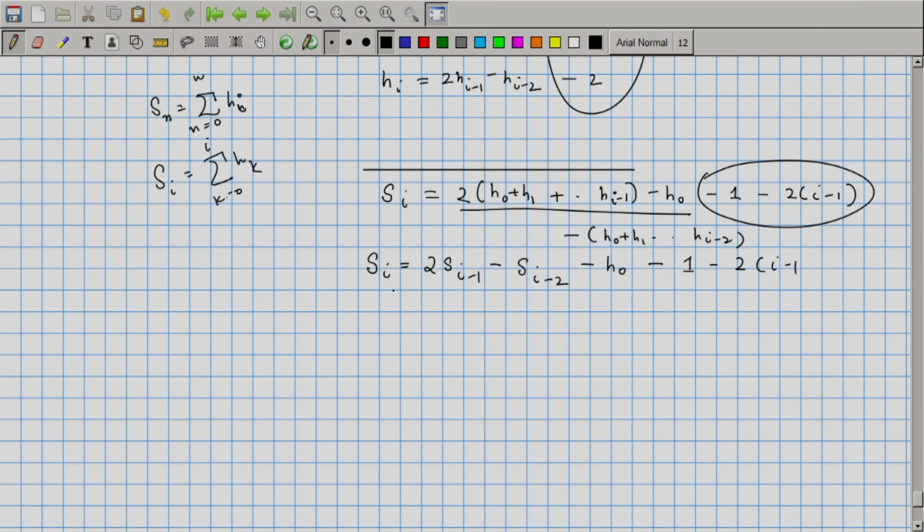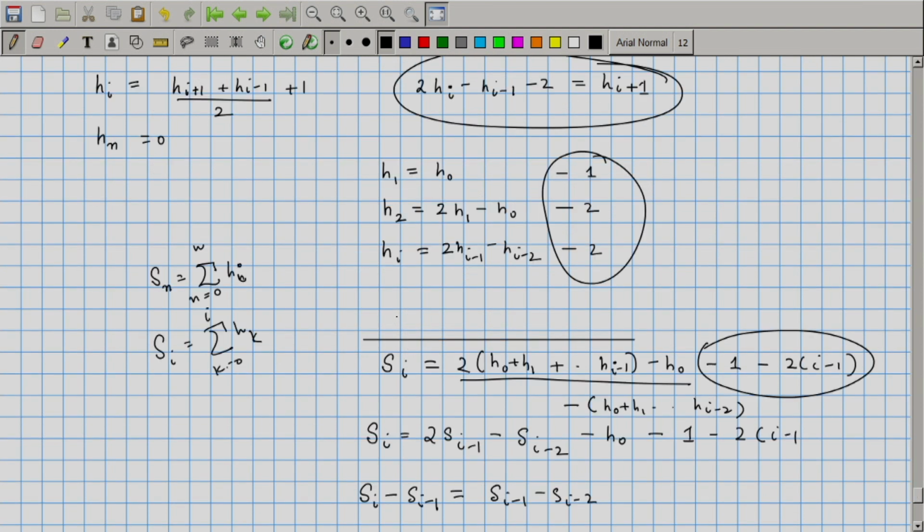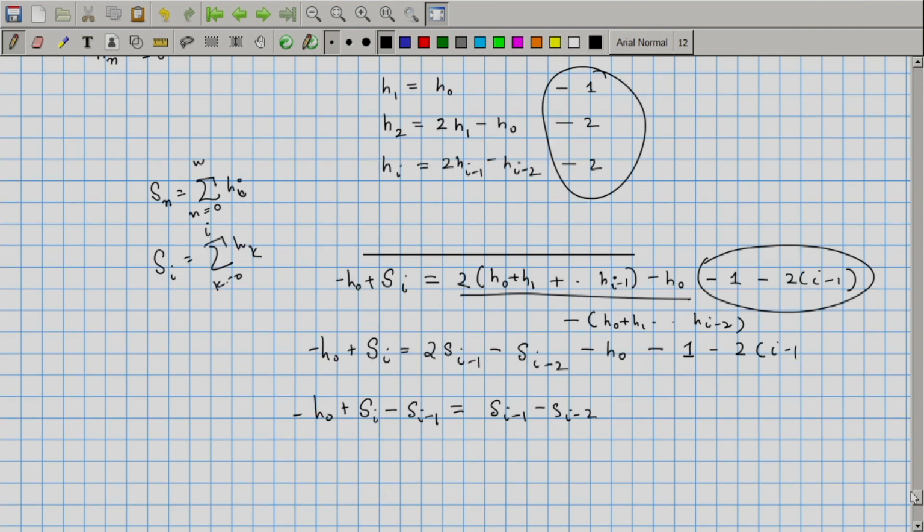Okay. So, we can take one of these S I minus 1 to the other side. So, we will get S I minus S I minus 1 is equal to S I minus 1 minus S I minus 2. Okay. So, in this summation there is a minus h 0 because the first term is not there. So, minus h 0 minus 1 minus 2 times I minus 1.